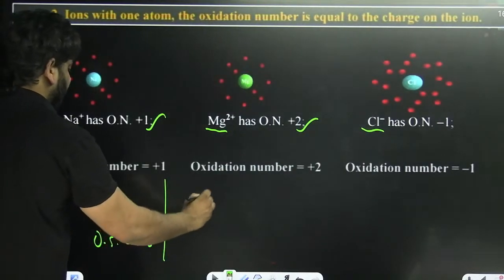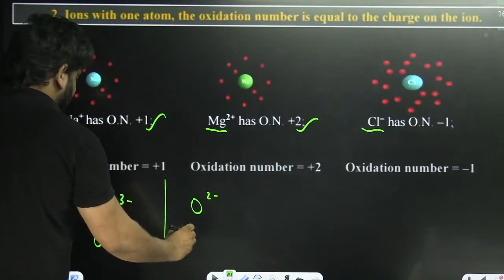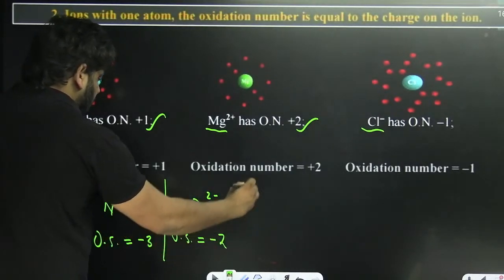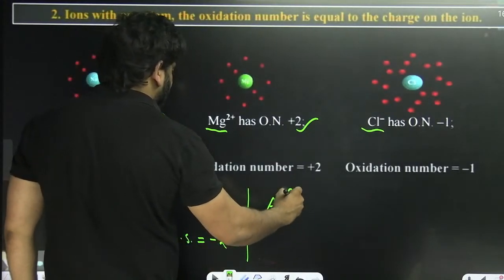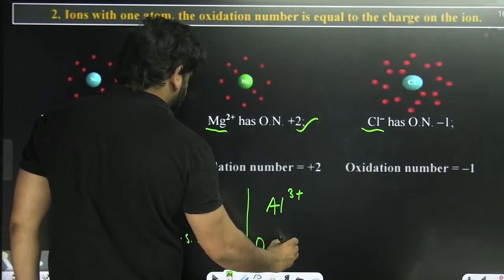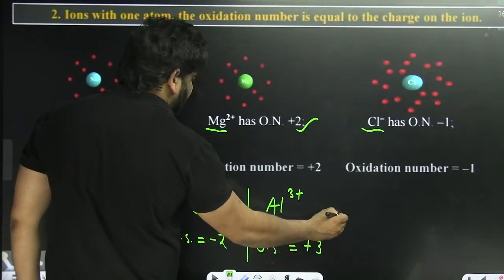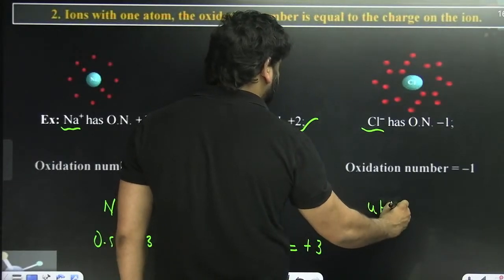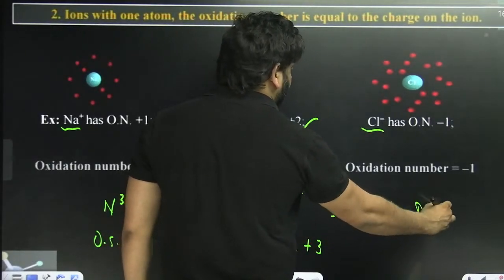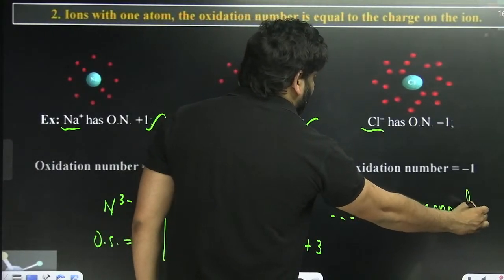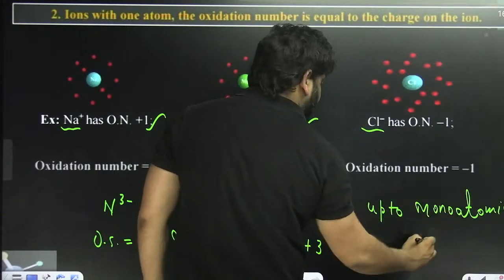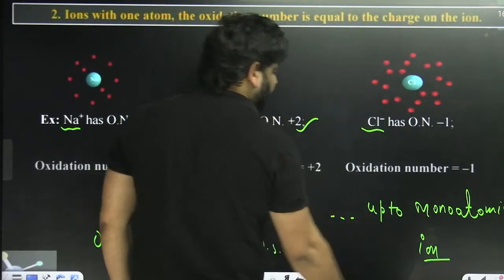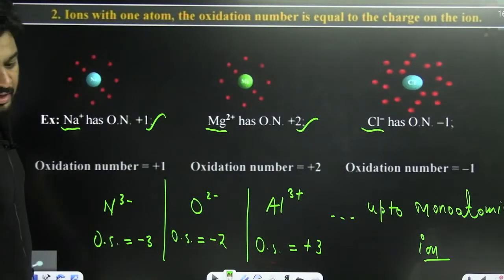If an oxide ion is there, then the oxidation state becomes -2. If an aluminium 3+ ion is there, then the oxidation state becomes what? +3. But this is applicable only up to monoatomic ions. Not more than 1 atom must be there. Clear?